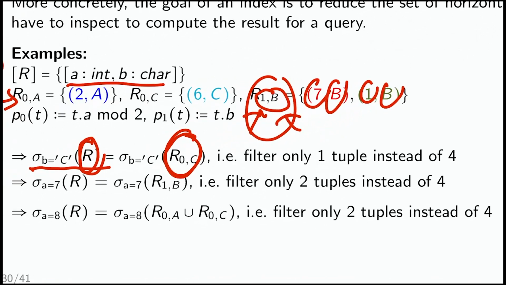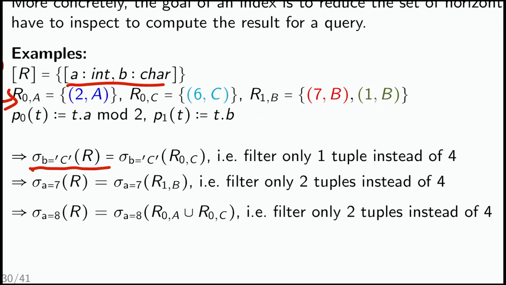Here's another example. Assume you have A equals 7 as a condition. Maybe let's remove some of these. So only one of my partitions has a 1. Here, there's a 1. This is a 0.